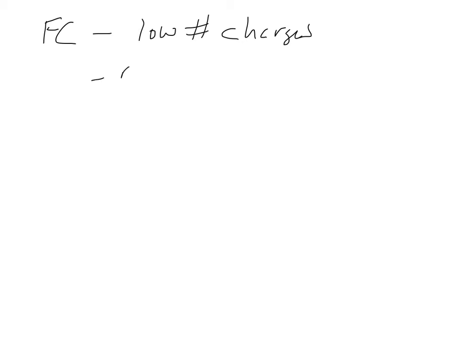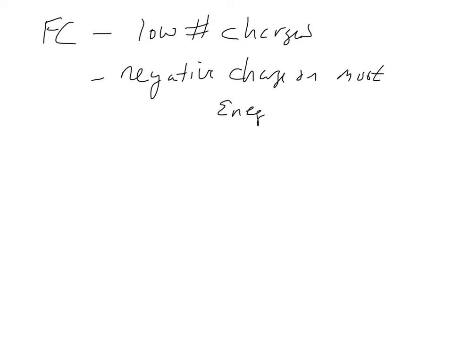We want negative charge on the most electronegative atoms. Where was the -1 charge on those? On the oxygens. Which is more electronegative, oxygen or nitrogen? Oxygen. Okay? We also want low separation of charge.